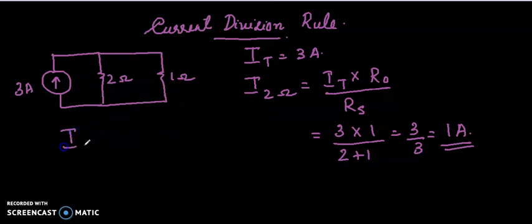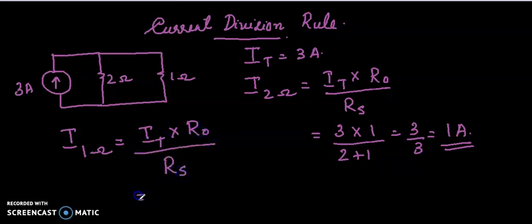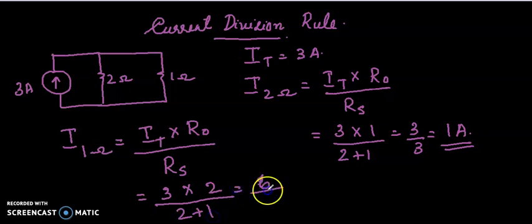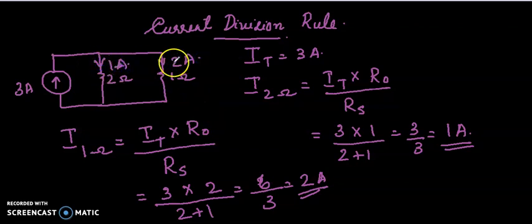I 1 ohm is equal to total current into resistance of the other branch divided by sum of the resistances, that is 3 into 2 divided by 2 plus 1, that is 6 by 3, which is equal to 2 ampere. That is, the current through the 1 ohm is 2 ampere and the current through the 2 ohm is 1 ampere. This 2 plus 1 makes a total of 3 ampere.